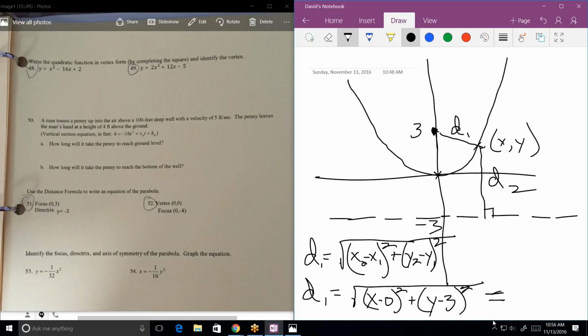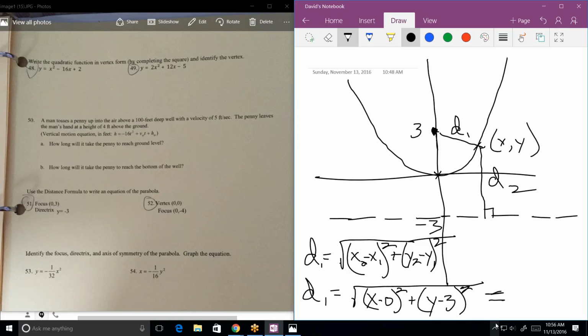Well, what is the distance for d2? You don't need the distance formula here because this line is not the hypotenuse of anything. Just take the difference in the y-coordinates. That's the distance, right?